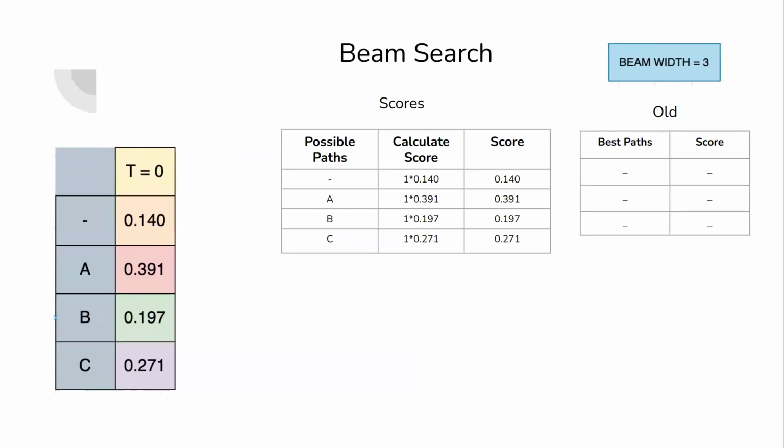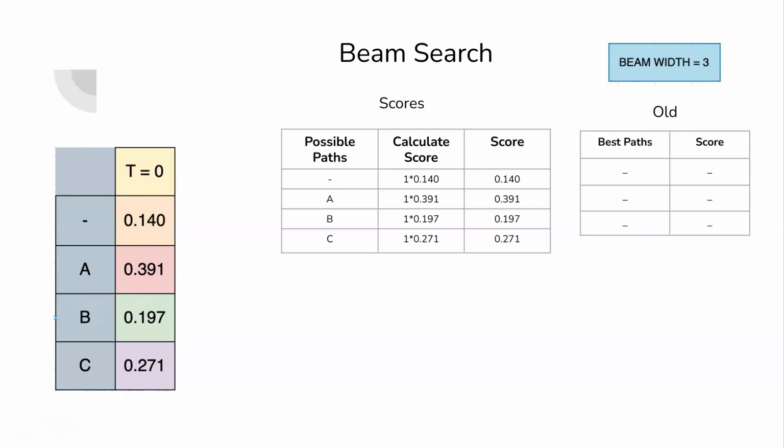So for the very first time instance, t equal to 0, we calculate the prediction score. Here we consider the output of the softmax, the probabilities of all the predictions. With the greedy approach, we are definitely going to choose maybe A as our next predicted token in the sequence to continue with.